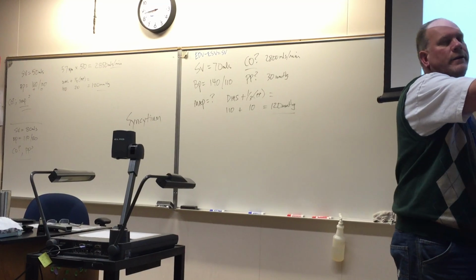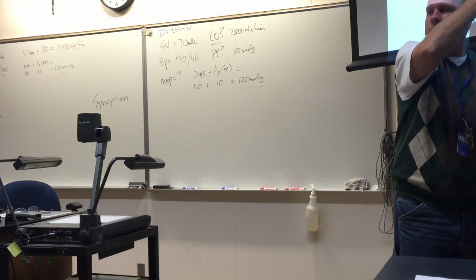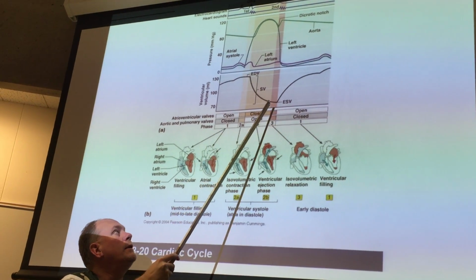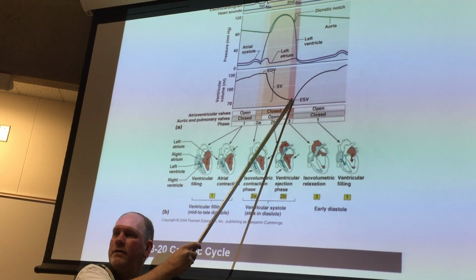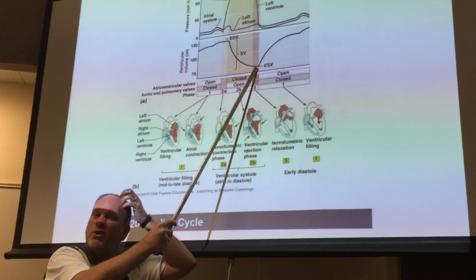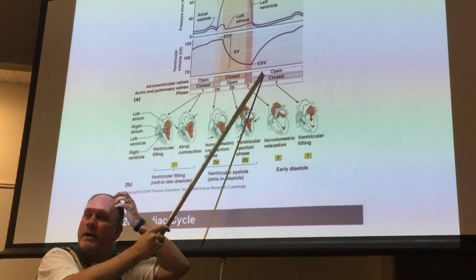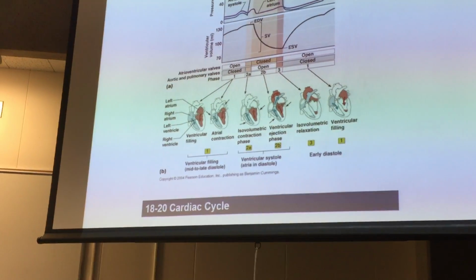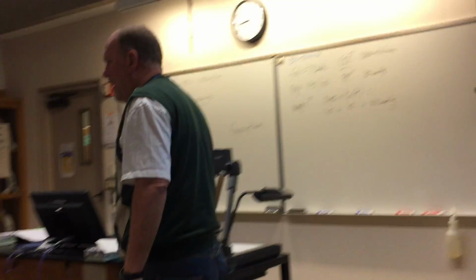How much blood is in the ventricles at the end of rest? 130 mils. How much blood is in the ventricles at the end of contraction, which is end systolic volume? 70. So the stroke volume of this patient is 130 minus 70, or 60 mils. That's how you get stroke volume.